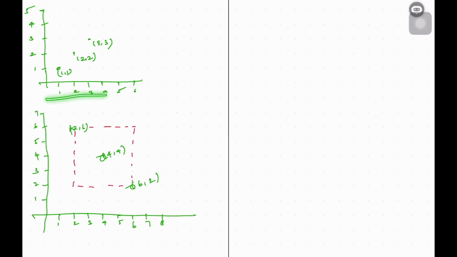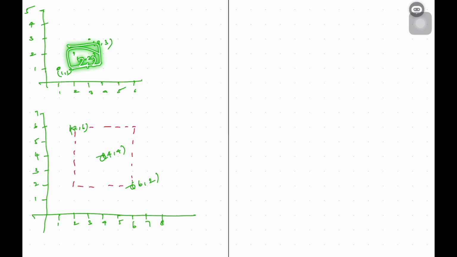Now this is the first example. How can you describe points A and B? Point A lies on the upper left of point B. So upper left means, for example, you take any point.